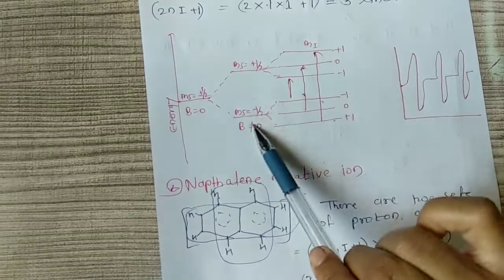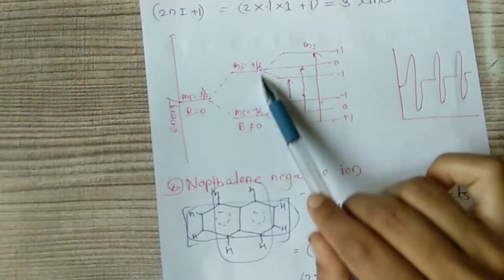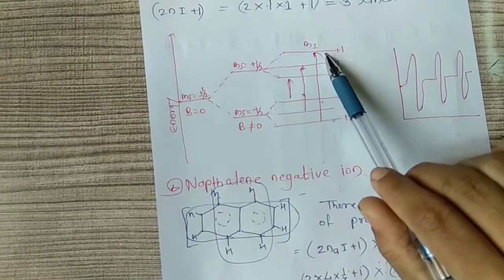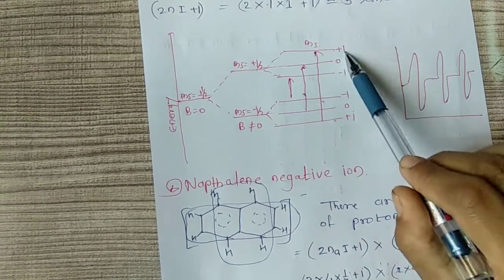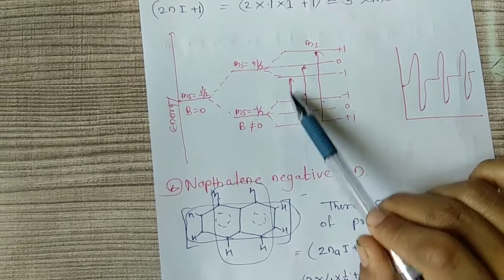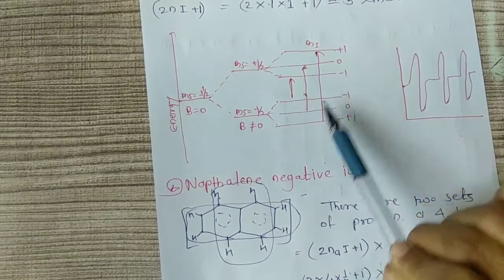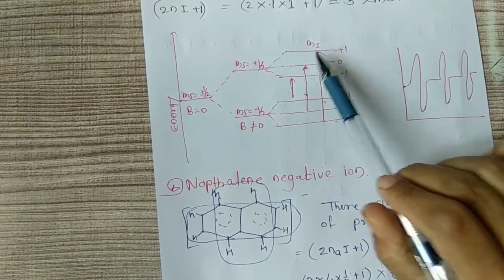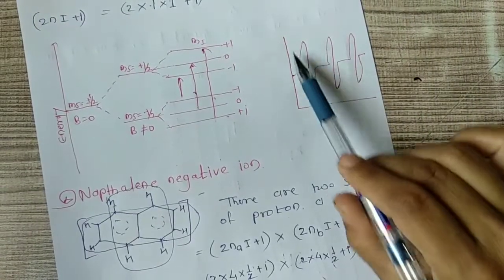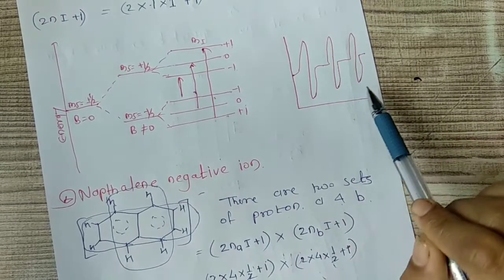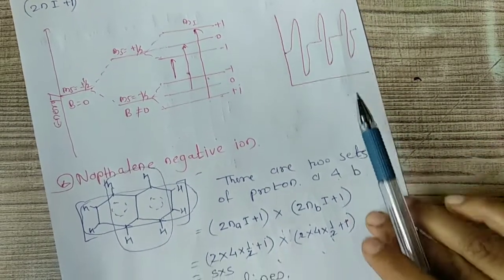After that these 2 energy sublevels interact with the nuclei and give 3 lines, that is plus 1, 0 and minus 1: minus 1 to minus 1, 0 to 0 and plus 1 to plus 1. This ESR spectrum occurs for the SO3 2- NO minus ion.